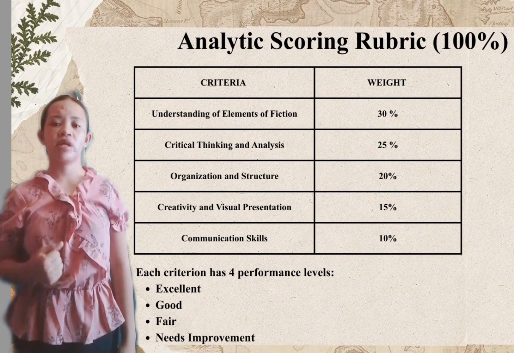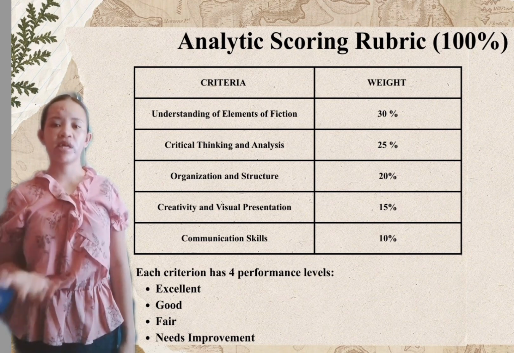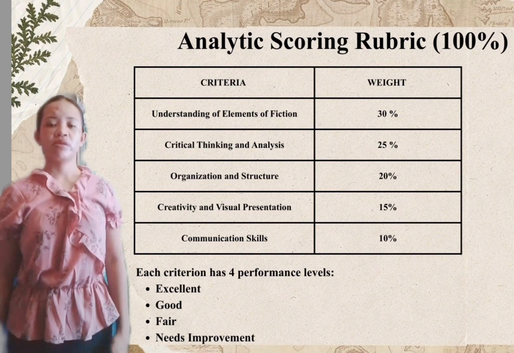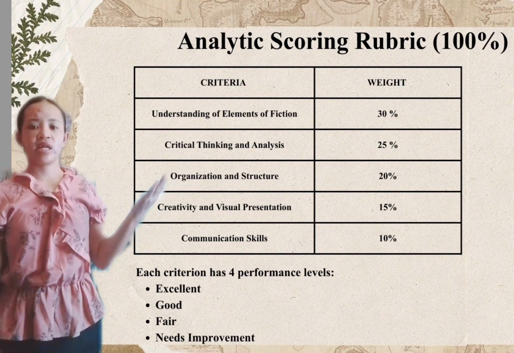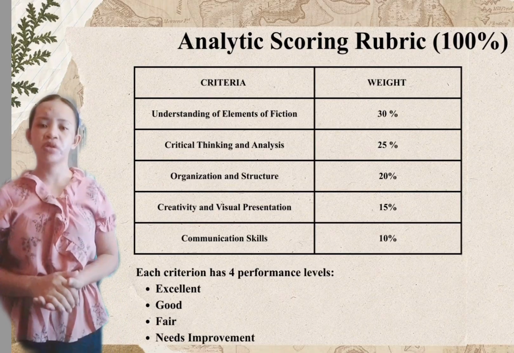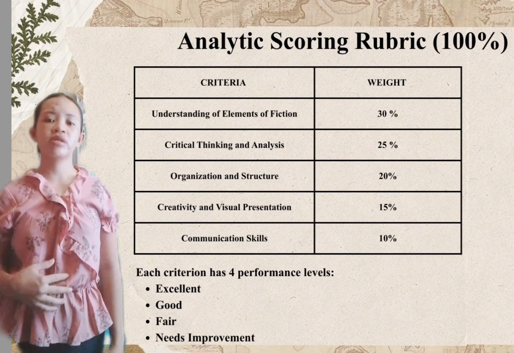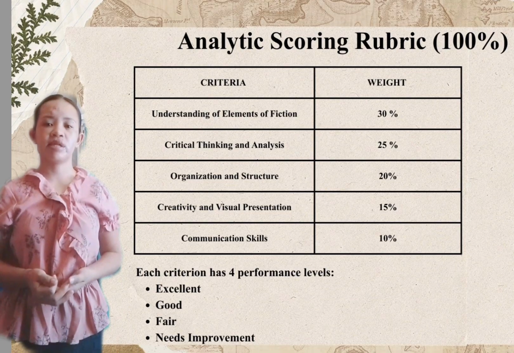This evaluates how well the student explains the plot, characters, setting, conflict, and theme. The second criterion is critical thinking and analysis, weighted at 25%. This measures the students' ability to interpret the story and explain deeper meanings.